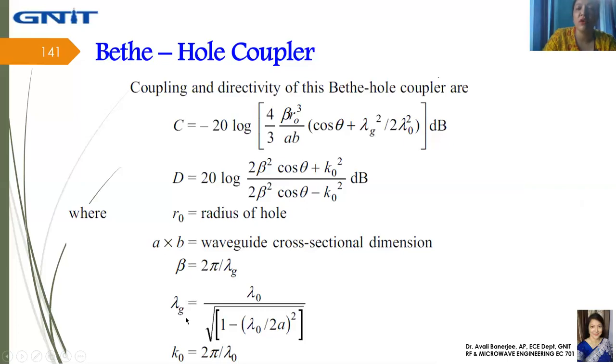This we have already studied in the rectangular waveguide section, in module 1. There we have seen the different types of waveguide, one was rectangular waveguide and another was circular waveguide. There we have seen all the definitions: this is the beta, this is the lambda g, wavelength, phase constant, propagation constant. Every formula and concept we have seen, and we are using the same here because here we are using the rectangular waveguide.